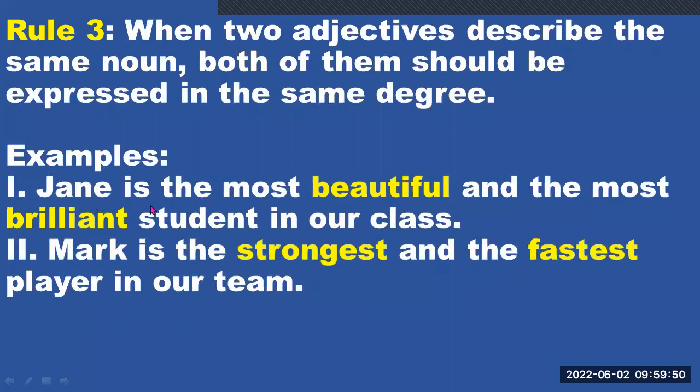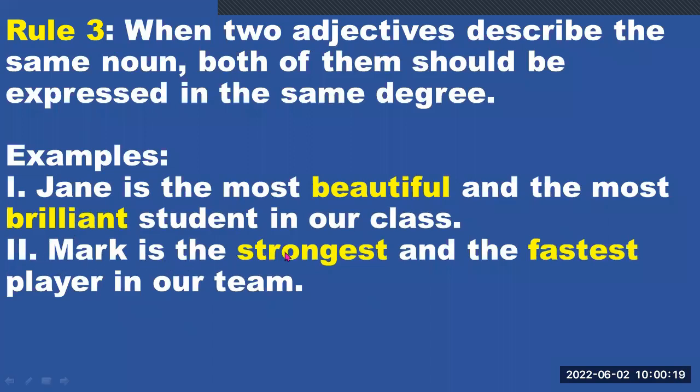For example, Jane is the most beautiful and the most brilliant student in our class. So it would be wrong to say Jane is the most beautiful and more brilliant. No, it doesn't make sense. Jane is the most beautiful and the most brilliant student in our class.